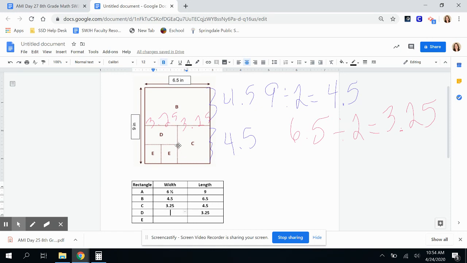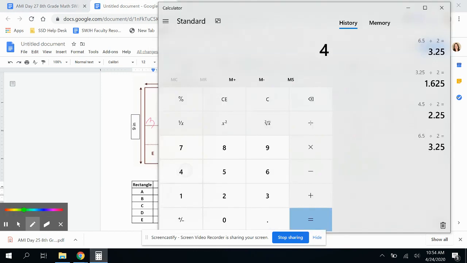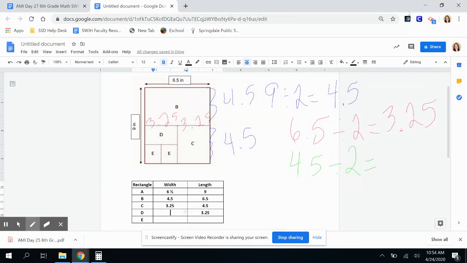And I need half of 4.5 to get what this D width is. So 4.5 divided by 2 is 2.25.